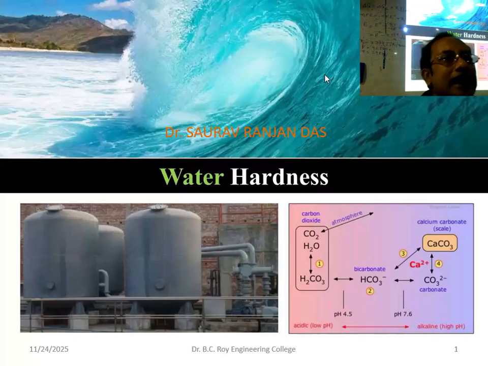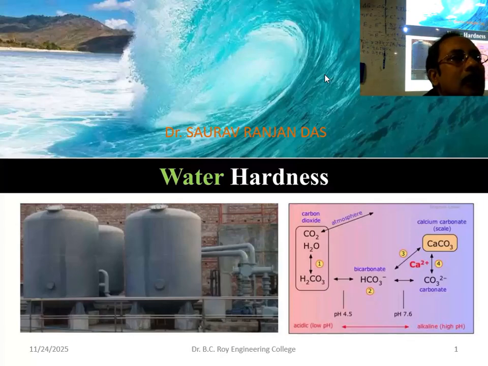What is fatty acid? It is actually produced from fat. That's why it is called fatty acid. By hydrolysis of fat, we get this type of compound, and the process is called saponification. This hydrolysis technique is called saponification.